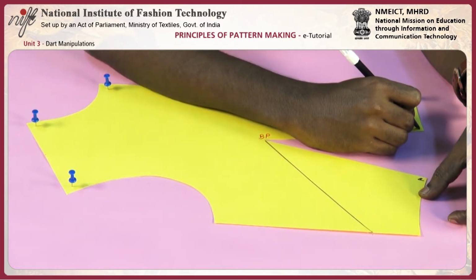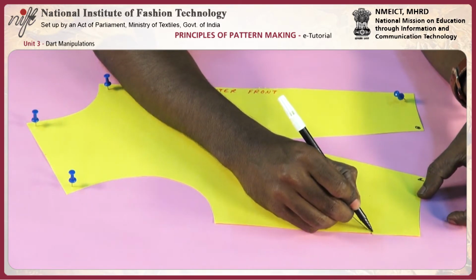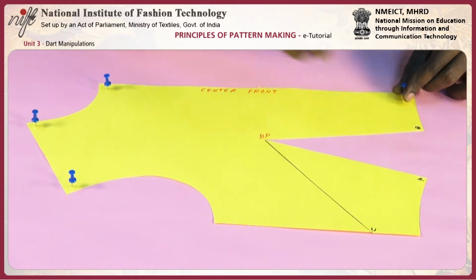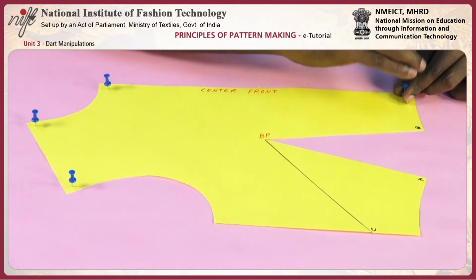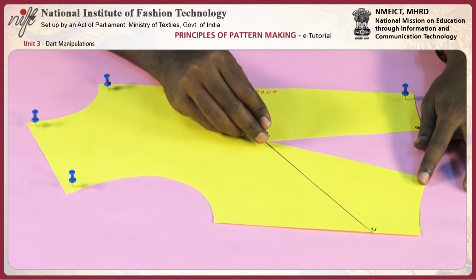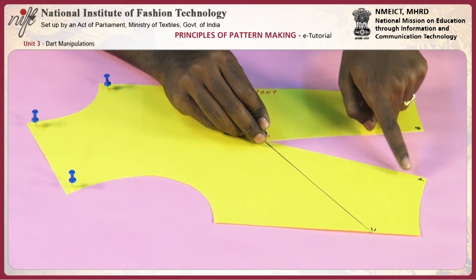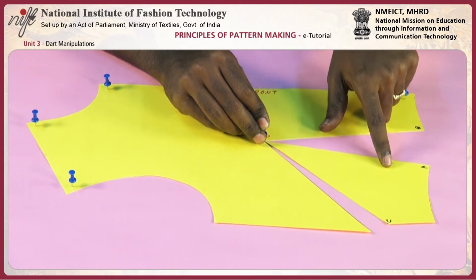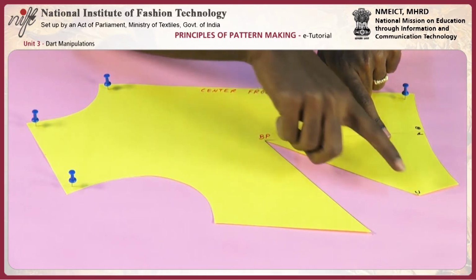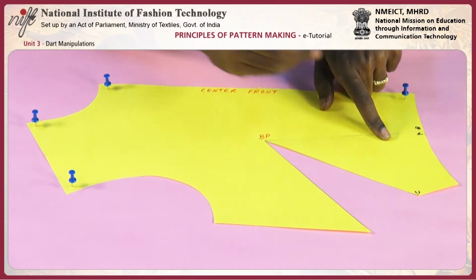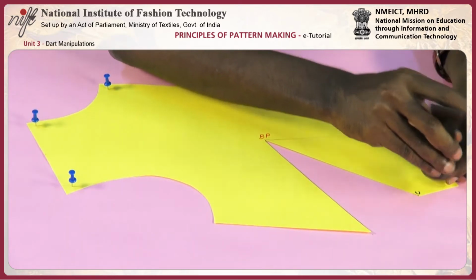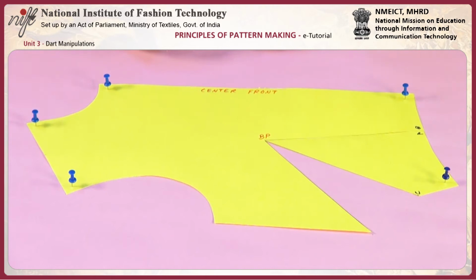Mark A, B, C. Now pivot at the bust point and move A to B. A dot will open at C as a French dot. Then trace the pattern.